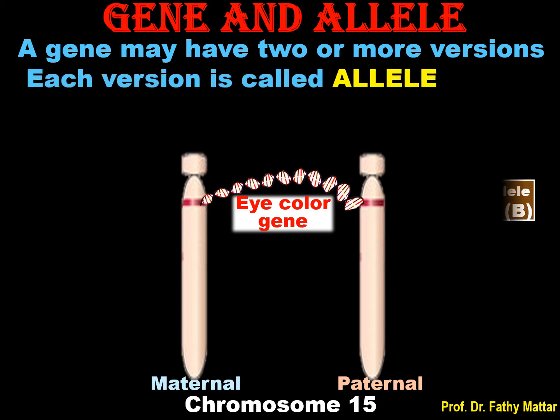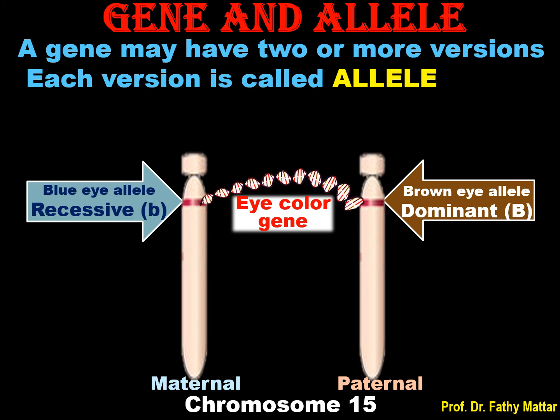Each of these versions is called an allele. For example, the eye color may be brown or blue. The brown is a dominant allele and expressed by capital B, and the blue is the recessive allele and expressed by small b.